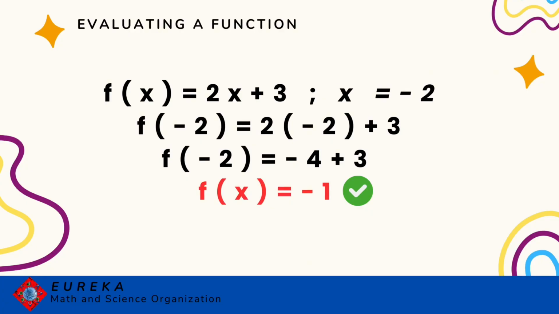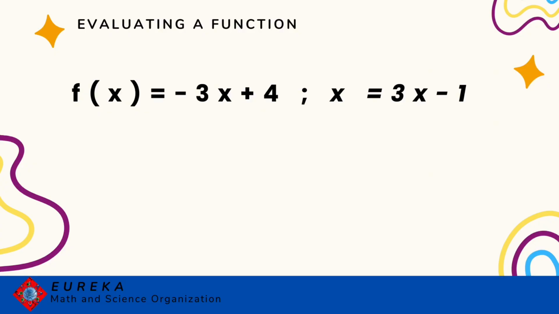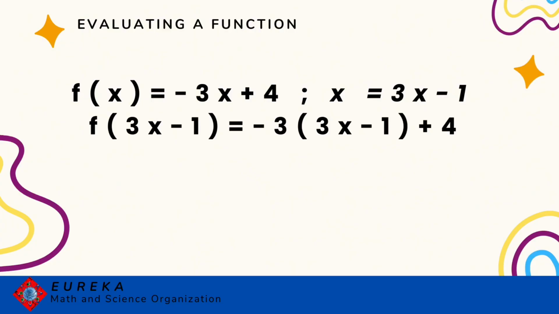For our second example, we have f of x is equal to negative 3x plus 4, where x is equal to 3x minus 1. Like in the first problem, we are just going to substitute the value into the variable x. So we have f of 3x minus 1 is equal to negative 3 times 3x minus 1, plus 4.